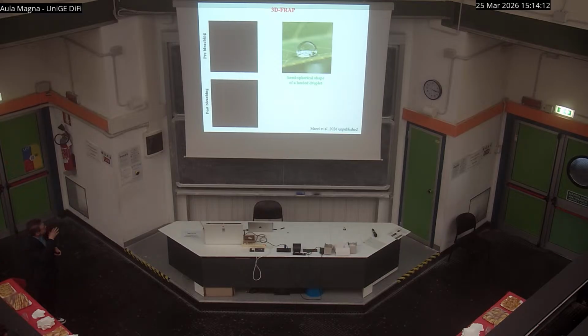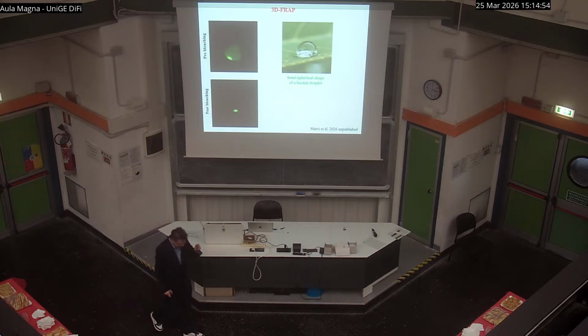You can see in this movie how the fluorescence is distributed in the droplet. So it looks like a hemisphere. After the bleaching, because of this three-dimensional FRAP where we can reconstruct the three-dimensional by looking at different planes, we can see the volume and the shape of the area that is bleached.